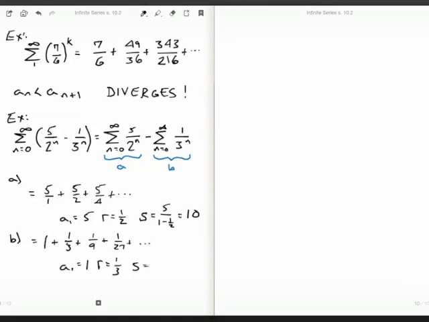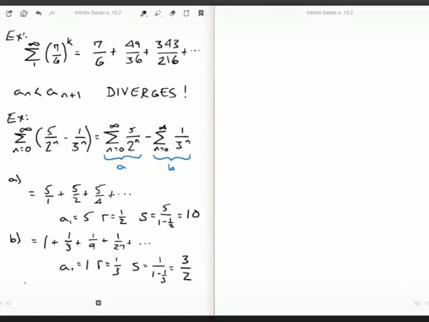So S equals, and this time it's 1 over 1 minus 1/3, which equals 1 over 2/3, which equals 3/2.